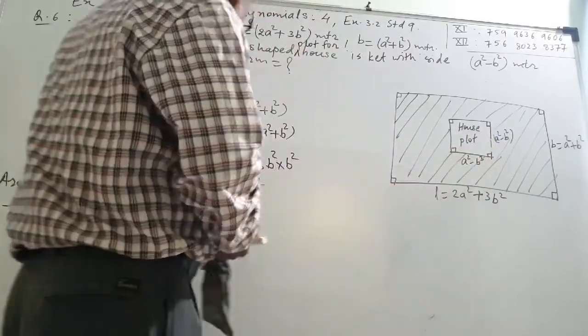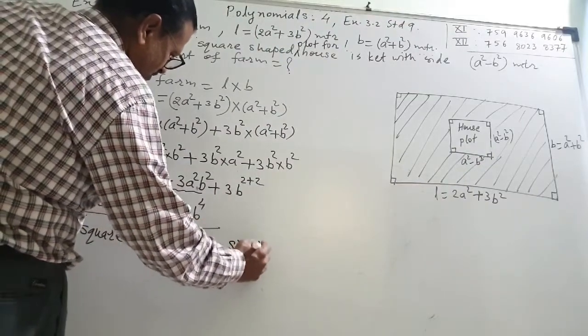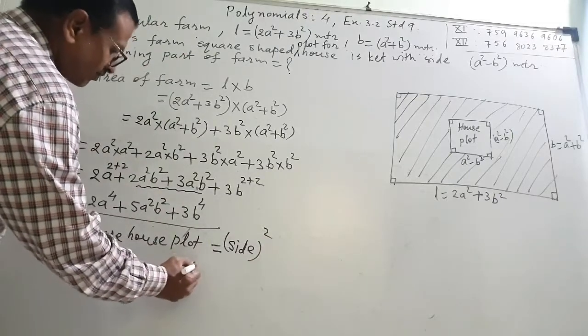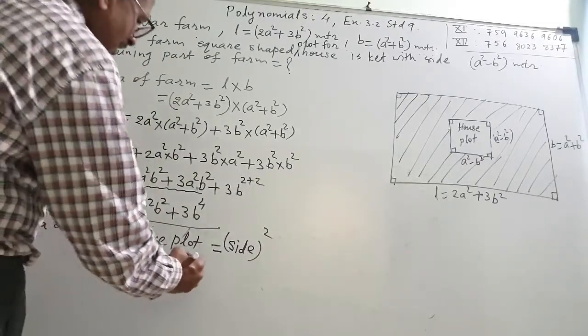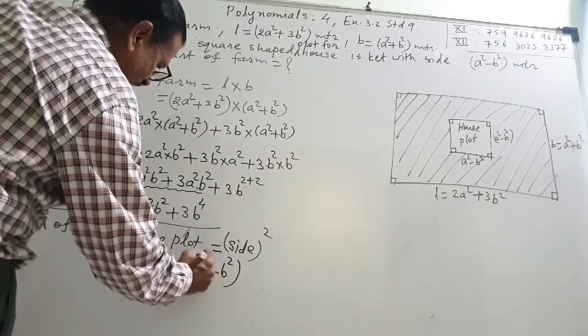So it is equal to side square. So that is equal to a square minus b square, bracket square.